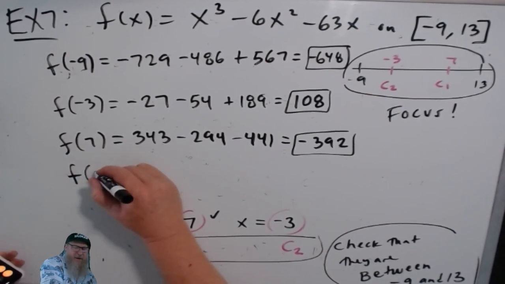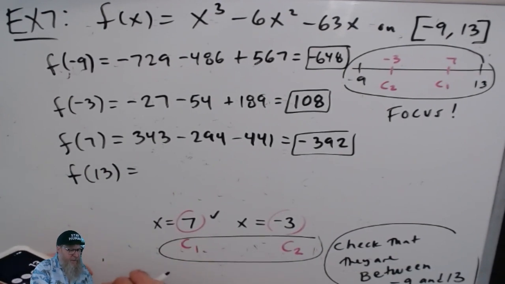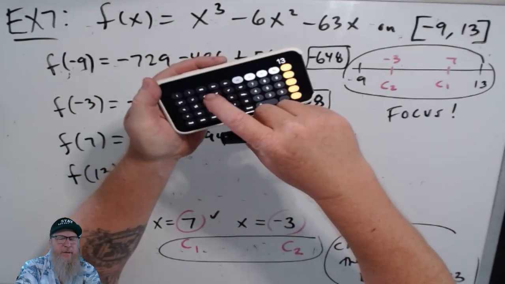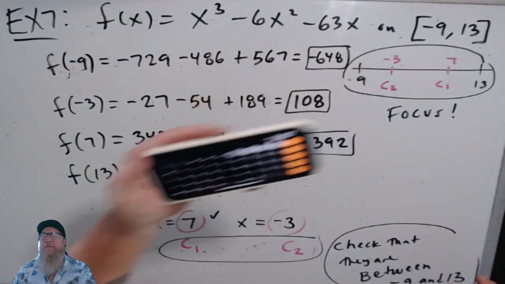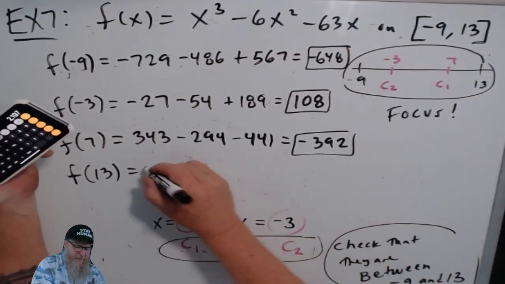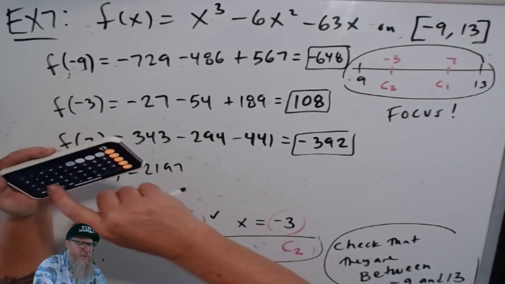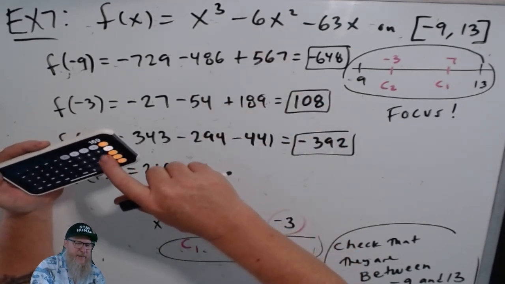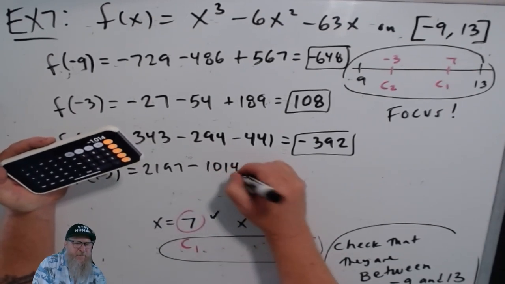And then F of 13. 13 cubed. I always forget I have the cubed button over here on my fancy phone calculator. 2197. 13 squared, 169 times negative 6, so it's negative 1014.